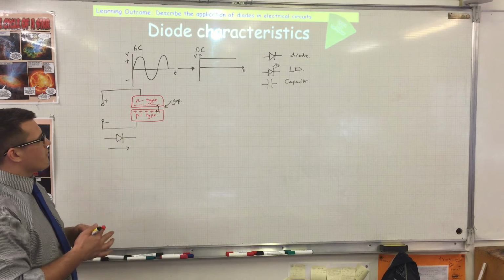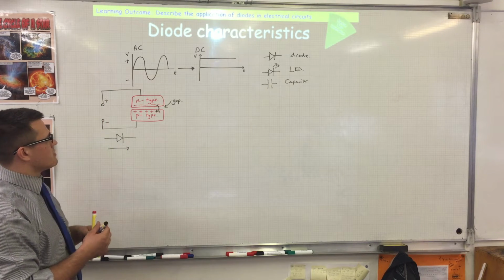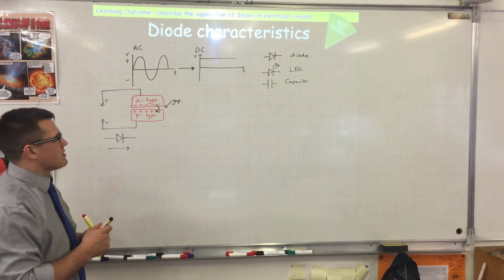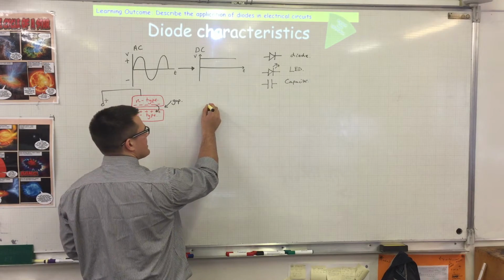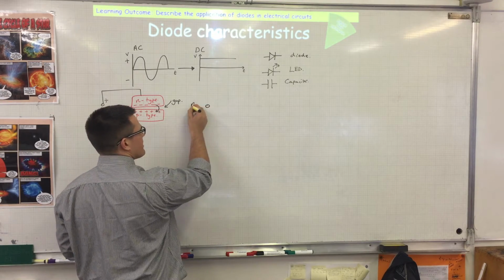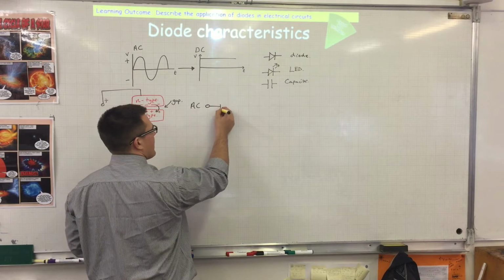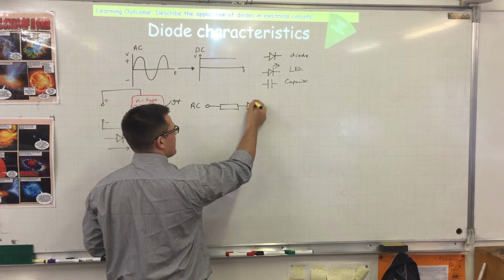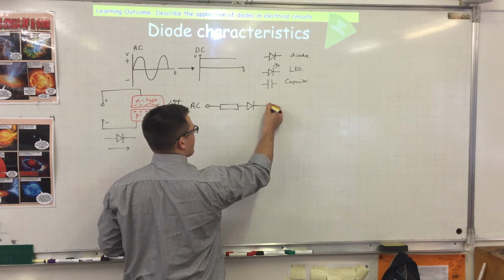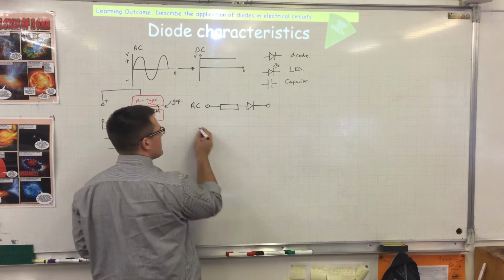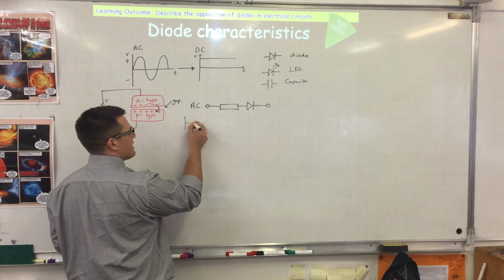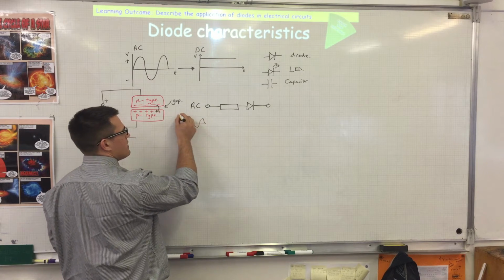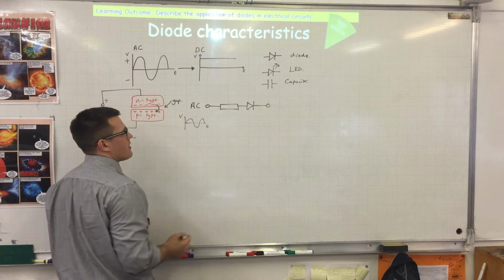The other thing that we have in a basic circuit with a diode is we always use a resistor to protect the diode. So the first thing we'll think about is if I've got a circuit with an AC input, and I will have a resistor, and I will have a diode, and then I'll think about my output. Now my input would be AC, so it's going to be our sine curve like this.